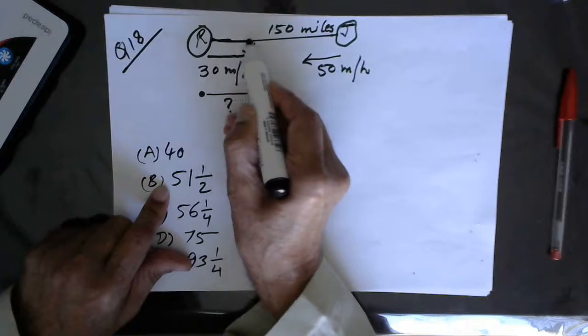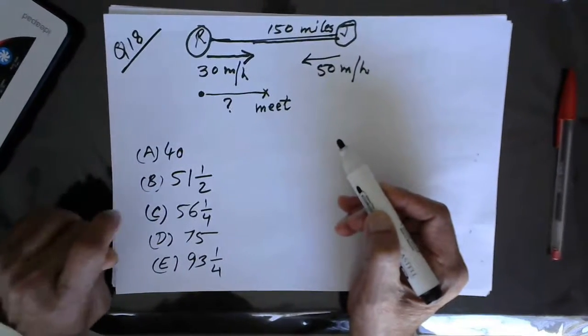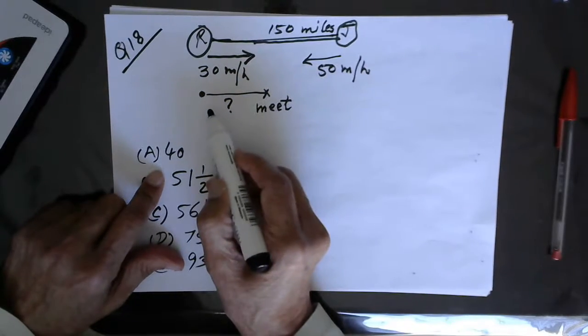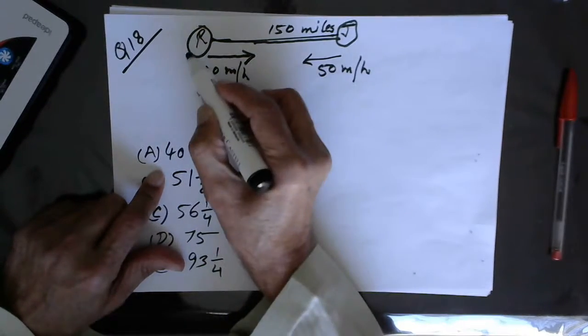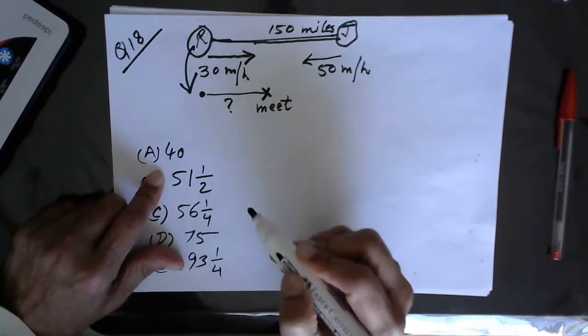Just by the way, this is a straight road. Okay, the question is, how many miles away from Ray's house will they meet?